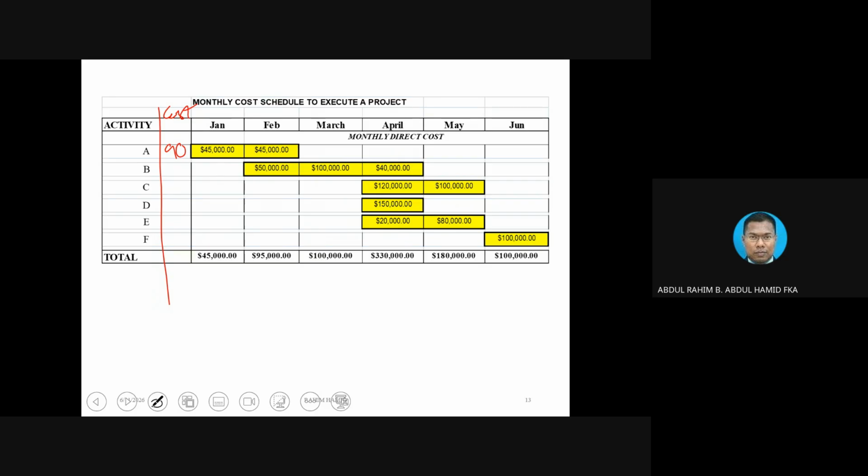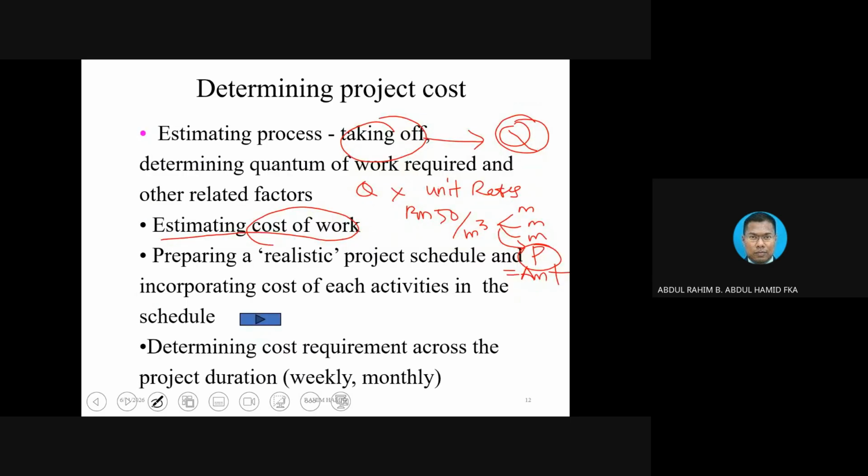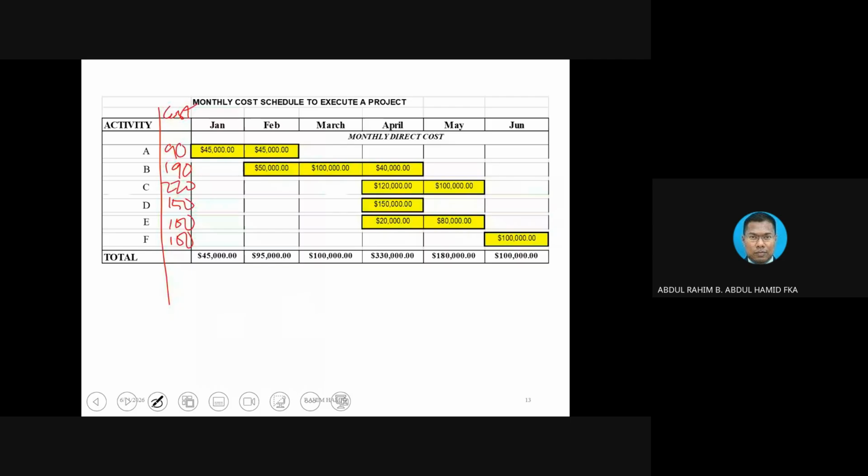B would be 190K, and then C would be 220K, and then D would be 150K. Then this one is 100K, and the last one is 100K. Let's say that is the amount that we calculate through this process of taking off. Let's say this is the cost.